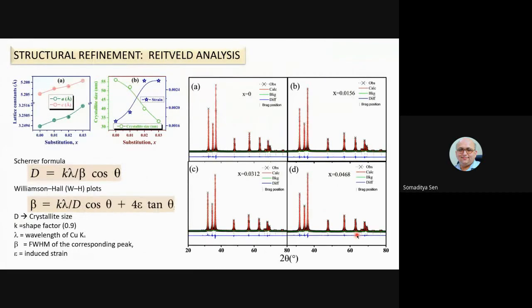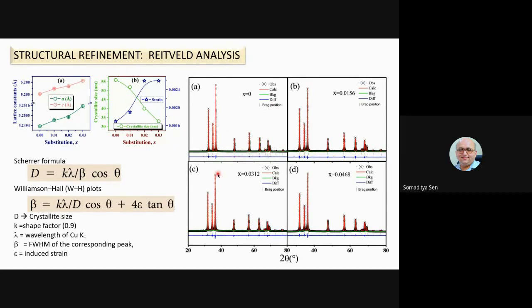So you see, this is the Rietveld refinement here. The red lines that you see are the theoretical model, and the crosses are the observed data. When the refinement is good, you get a difference between the actual data and the calculated data which will look something like this.